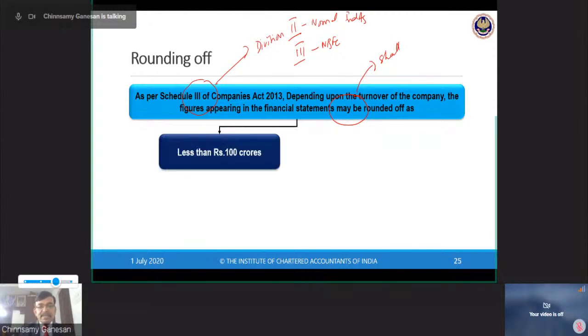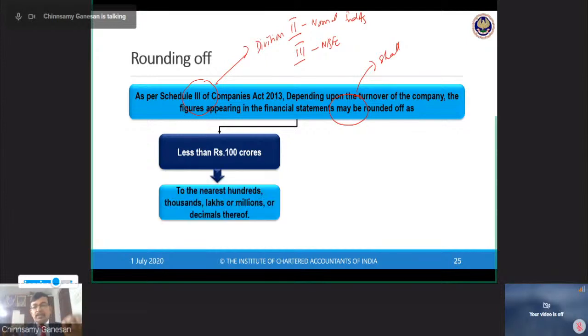So what it says is that if the turnover is less than 100 crore, the entity has to round off to the nearest hundreds, thousands, lakhs, millions or decimals thereof. That means you can give 2 decimals in hundreds, in thousands, in lakhs, in millions.